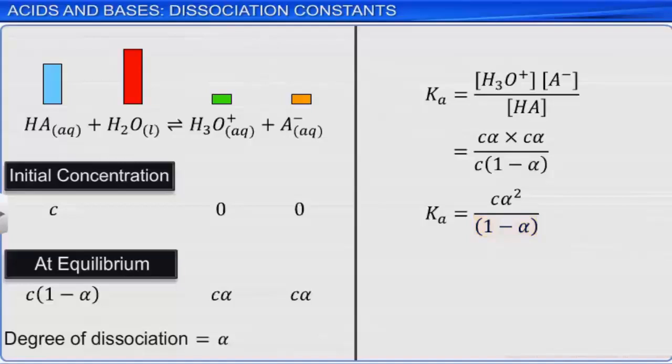The values of Ka range from 0.66 to as low as 1 multiplied by 10 raised to the power minus 10 and even smaller. Hence, to accommodate such a wide range of values, the logarithmic scale is used. It is expressed as pKa equals negative log of Ka.